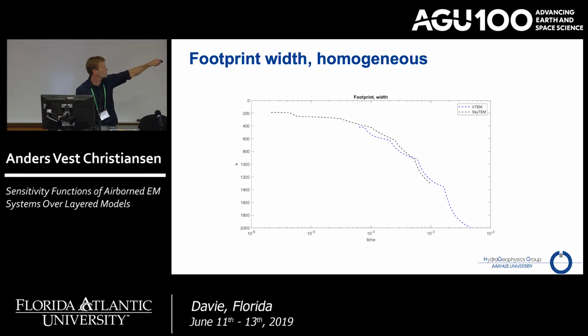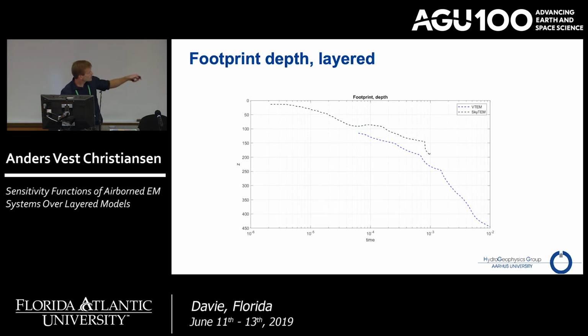It would be the same if I had SkyTEM high moment and did the calculations at the same time. These curves would be totally overlapping, because it's basically the distance to the end of your ramp that matters when you are at the very late times. So in this case, for the homogeneous half space, they're on top of each other.